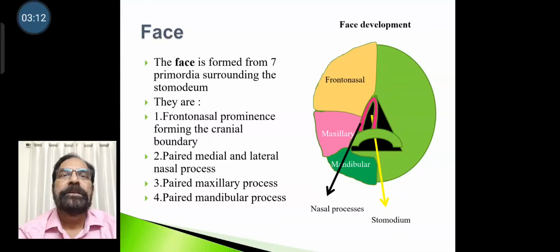They are frontonasal prominence forming the superior boundary or the cranial boundary, then paired medial and lateral nasal processes. These can be seen in the picture, and paired maxillary process and paired mandibular process.